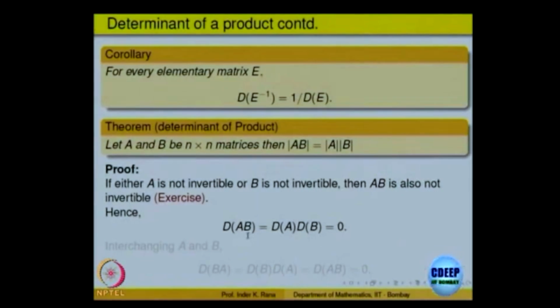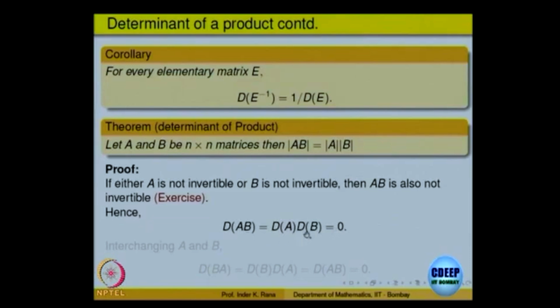In that case what will happen? If AB is not invertible, what is the determinant? Just now we checked: A is invertible if and only if the reduced row echelon form is identity, and the determinant is equal to 1 or 0. If invertible, the reduced row echelon form determinant will be 1, otherwise it will be 0. So, if AB is not invertible, its determinant is equal to 0, and at least one of A or B is not invertible.